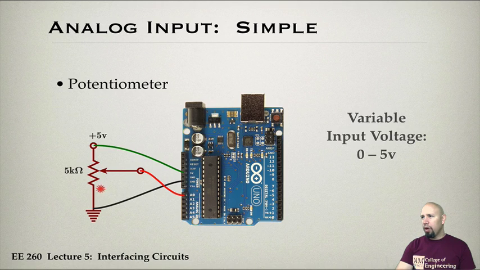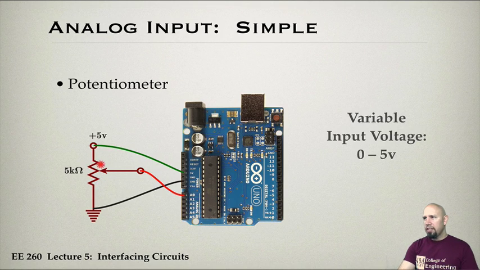If I move the wiper all the way down, then the resistance between here and here is the full resistance that the pot has. So in this particular case, we have a 5 kilo ohm resistor, which is the total resistance, and they make potentiometers of different resistance values. Either way, the resistance from here to here is 0. The resistance from here to here is the full resistance value, and then I can get any resistance in between.